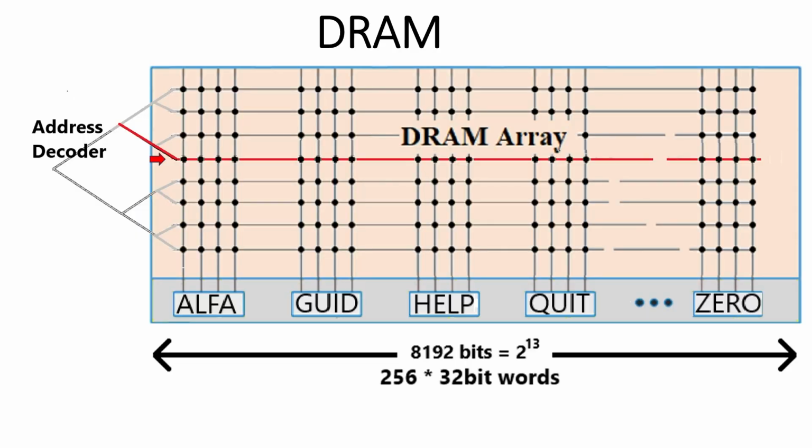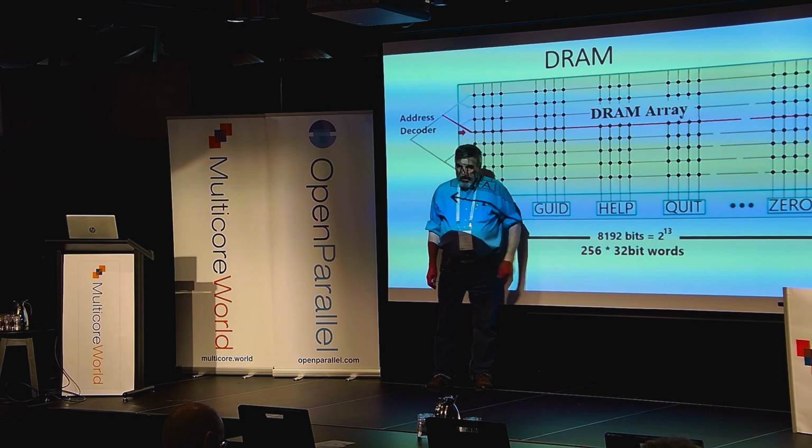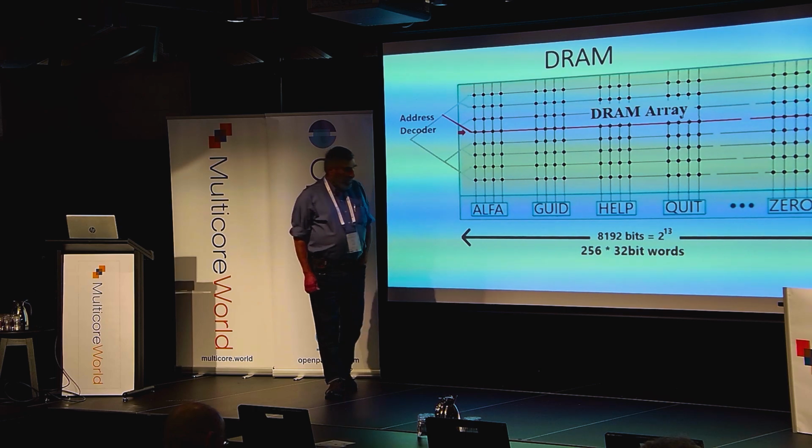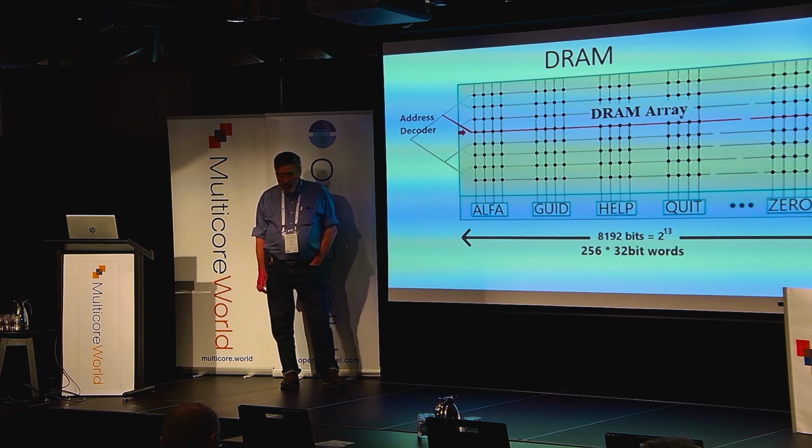This is the retail end of the DRAM business. This is where the processor gets its data and where it puts its data when it's going to be written back, and it's wide: 2 to the 13 bits wide, 8192, 256 32-bit words.